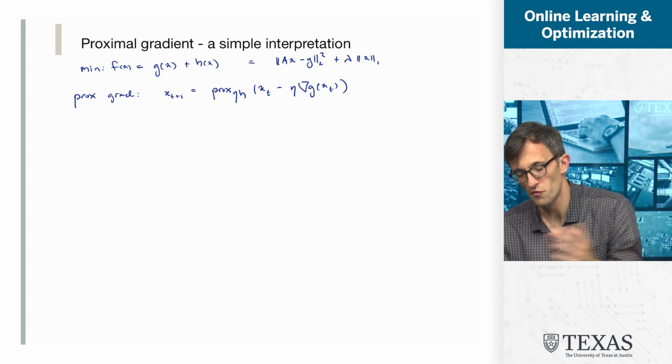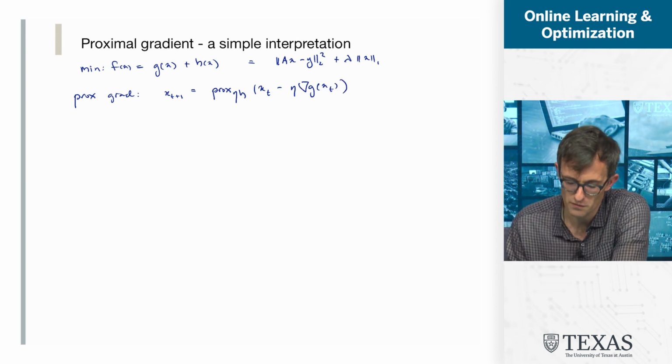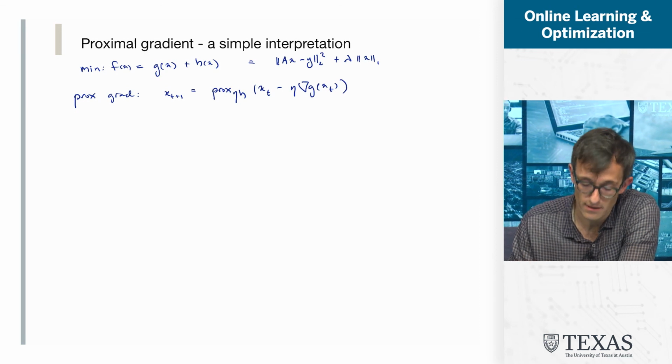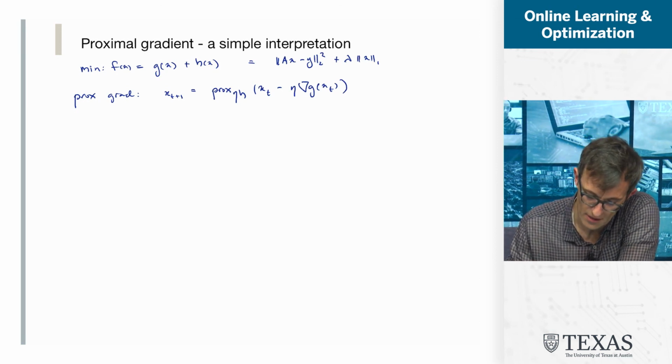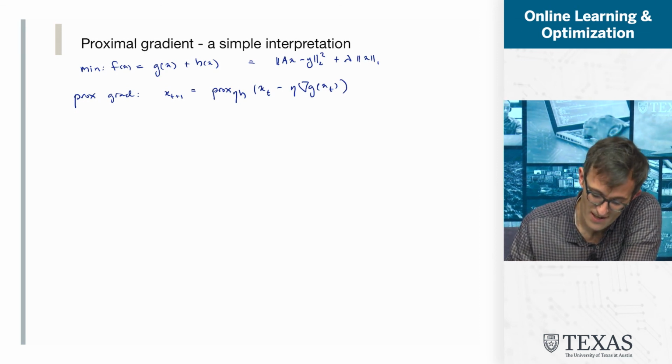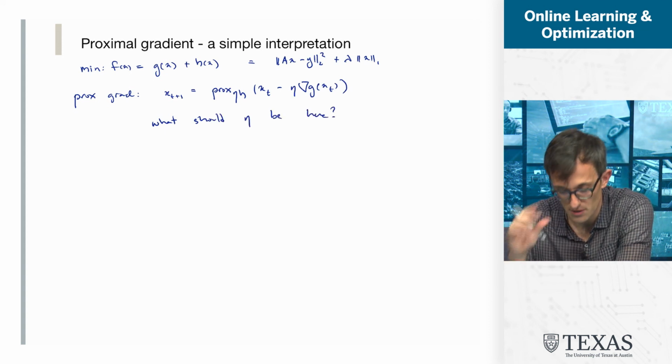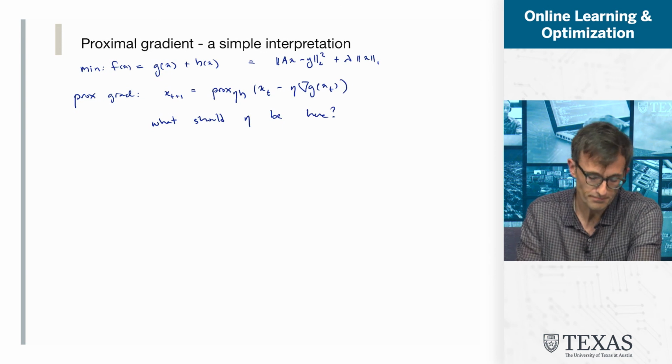To make sure that you've pulled together everything that we've done so far, you should ask yourselves and answer, though I'll do it for you in a second, what is eta? What should eta be here? So if you want to pause just to think about this for a second.